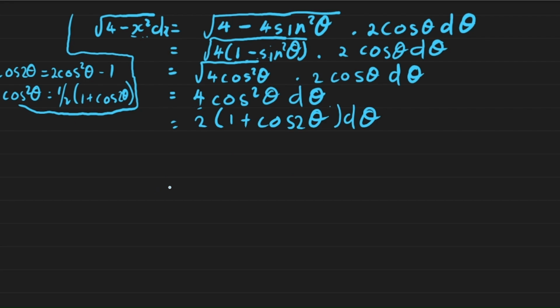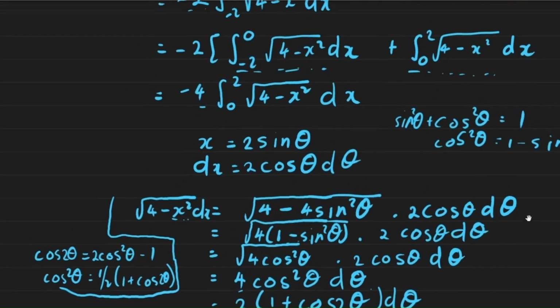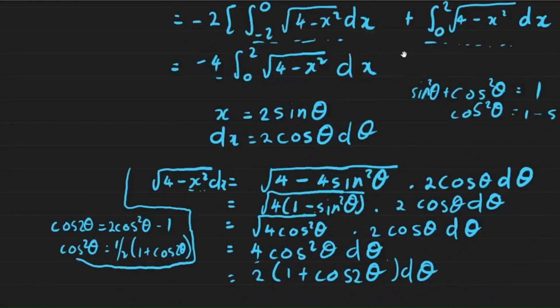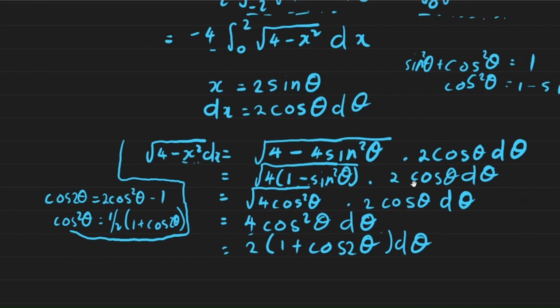And of course, we're integrating a circle. And if we're integrating from 0 to 2, it means that we're integrating in the first quadrant. So 0 to 2 just corresponds to 0 to 90 degrees, and 90 degrees is of course pi over 2 radians. So our integration bounds become 0 to pi over 2.